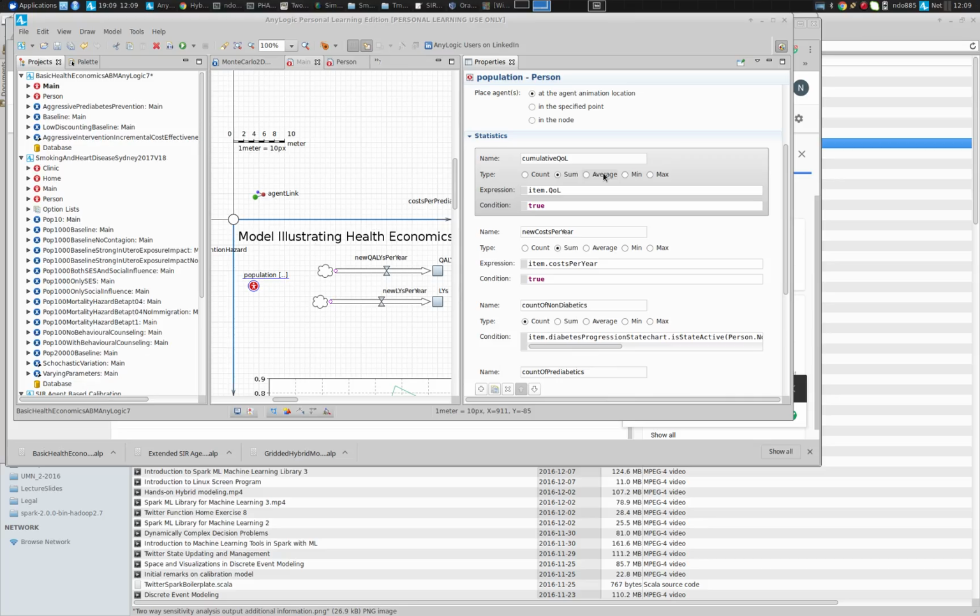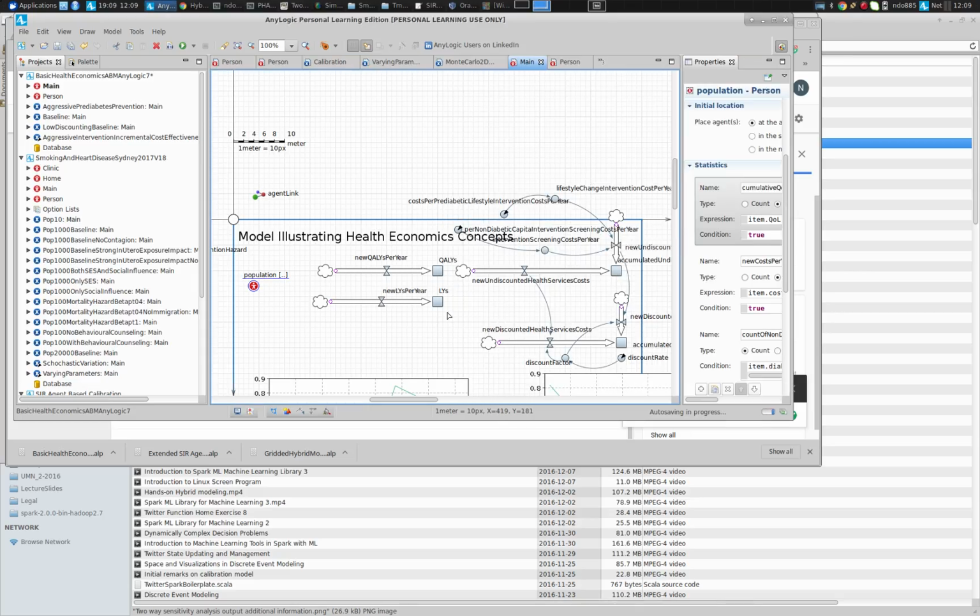So ladies and gentlemen, imagine we had 1,000 people in our population and they lived for 1 year. How many life years have we accumulated? 1,000. 1,000 over 1 year. But suppose they each had a quality of life of 0.9. 900 quality adjusted life years lived.